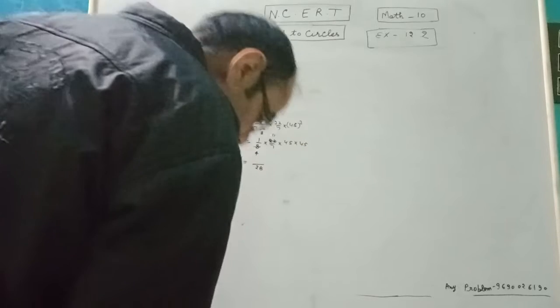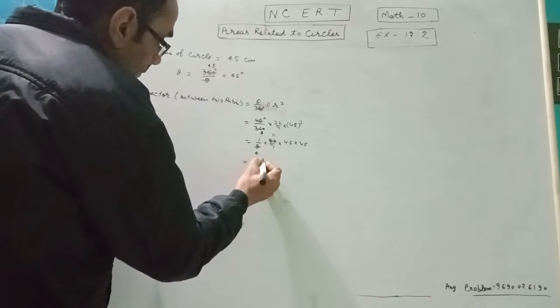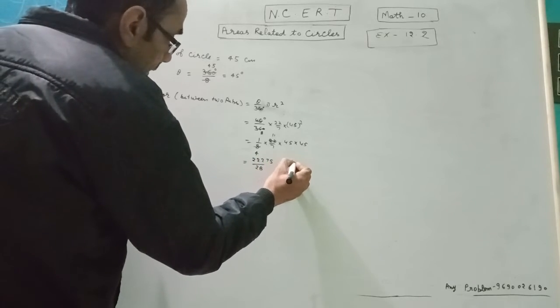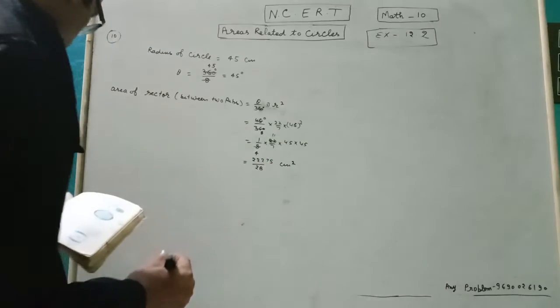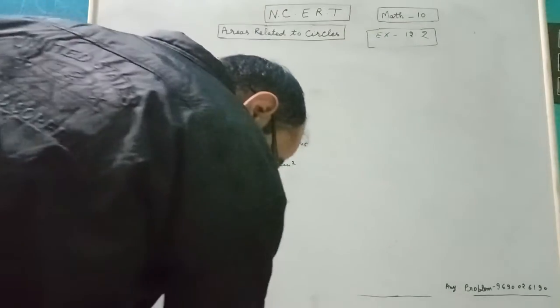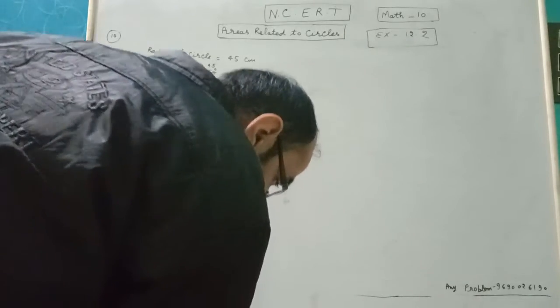Then multiply 22 by 225 upon 28 cm square is the area between two ribs. Question number 10 is complete. Question number 11.